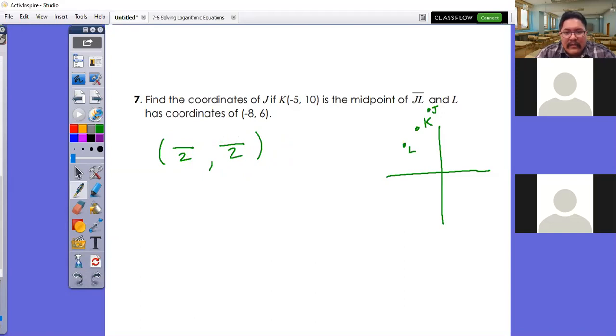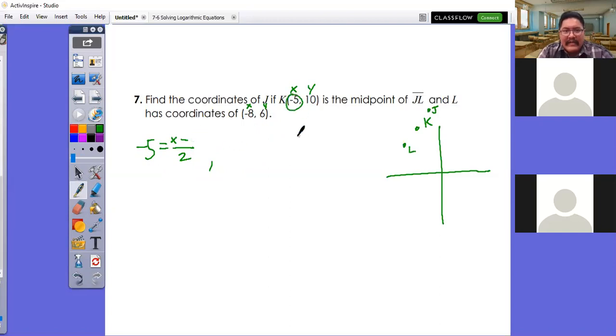So let's go ahead and start plugging in our numbers of what we know. We know that this is the X, this is the Y, this is the X, this is the Y. Now, this one's a little bit trickier because we're not just finding the number, because we know the midpoint.